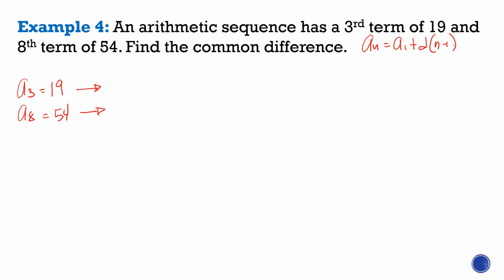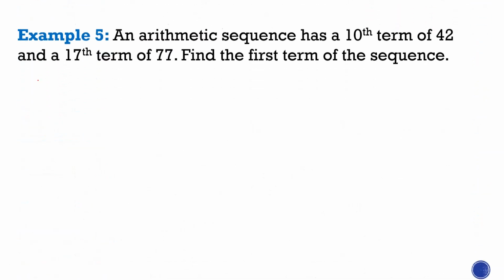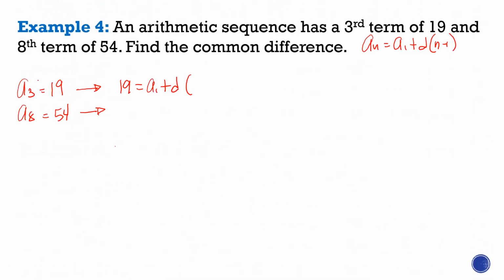So your an for the first equation, which is a3 equals 19, your an is 19. We don't know a1, we don't know d. And this number 3 here, that's subscript number 3. That's your n. It should be positive 3. And then for this one, we have 54 equals a1 plus d times 8 minus 1.